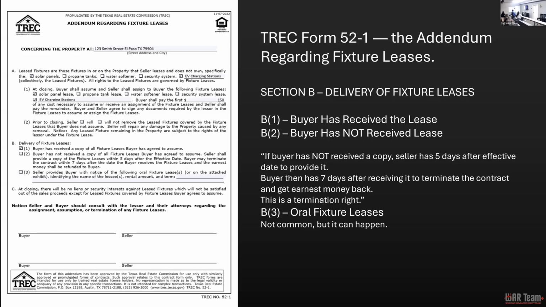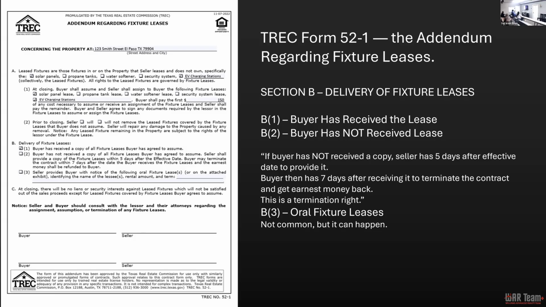Either we executed this and we didn't get the copy of the lease, or we executed this and we received the copy of the lease prior to execution. Everybody still with me there? And if you received it prior, and you check off block 1, you don't get the additional 7 days automatically to back out of this contract.